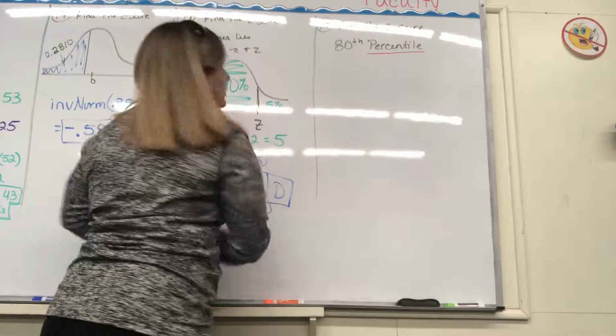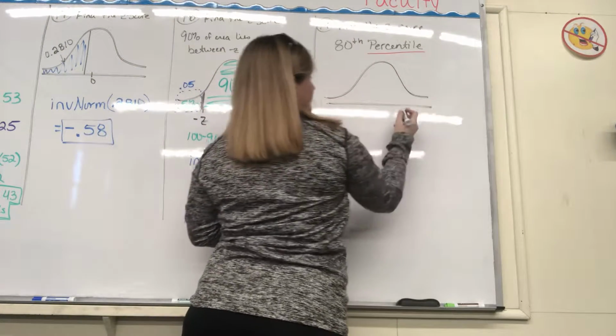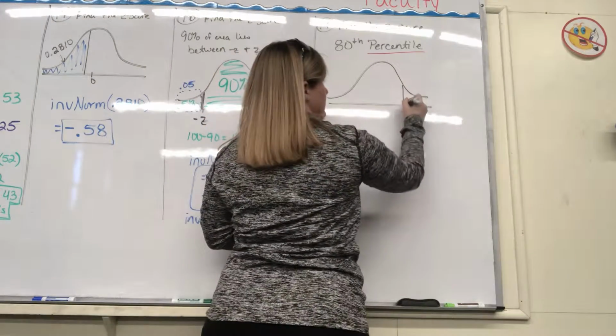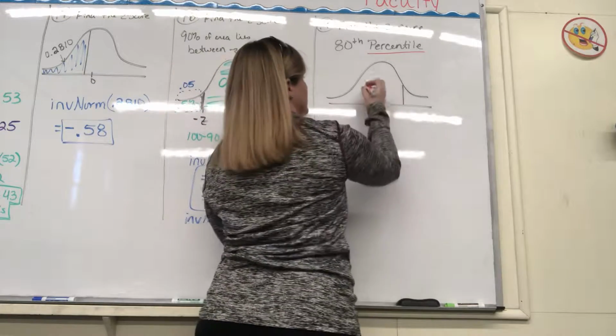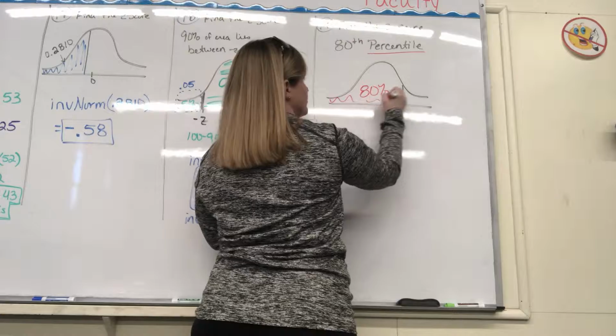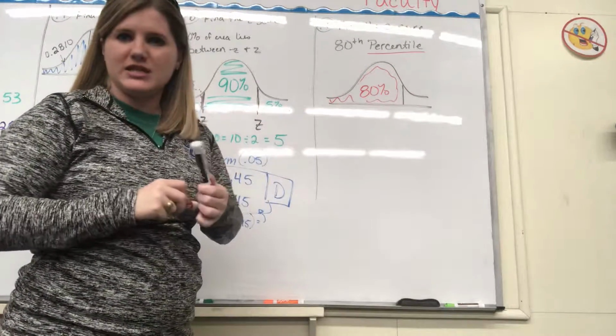So drawing our bell curve for our visual, 80% is to the left of it. So all of this is 80%. Okay, so we are looking for our z-score.